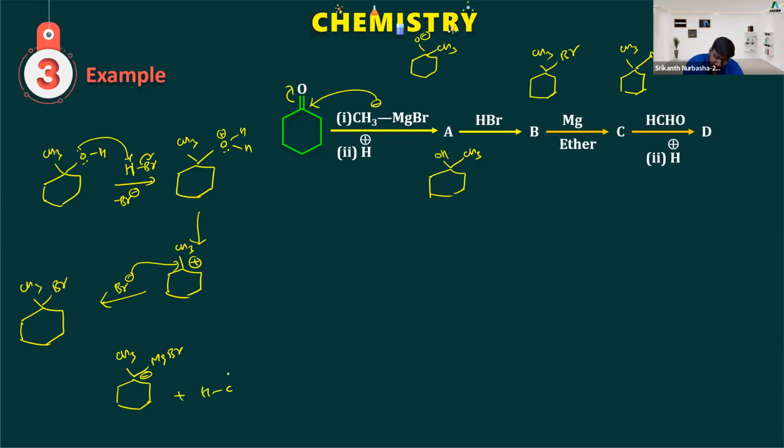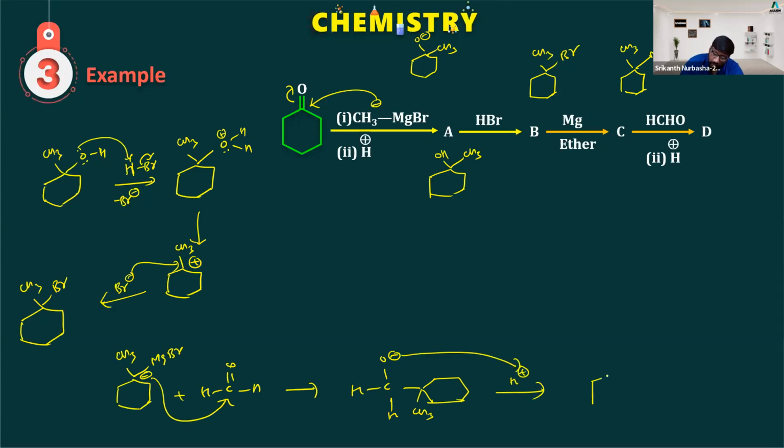It will react with HC double bond O. The negatively charged carbon attacks this particular carbon, forming HCO minus, and ultimately it will form what? Proton is also there, O minus picks up the proton. So we have CH3 connected with CH2OH. This is nothing but D.